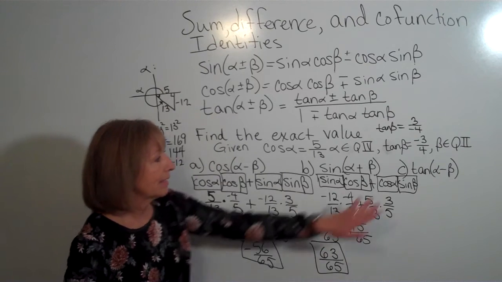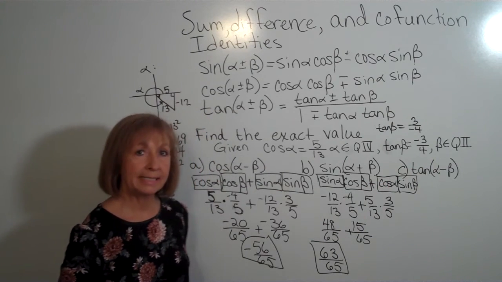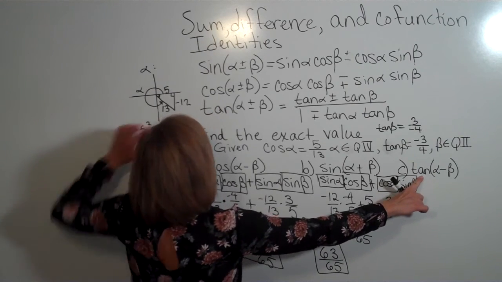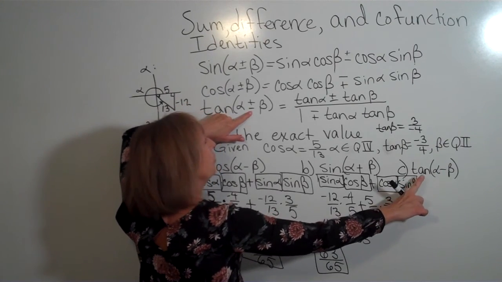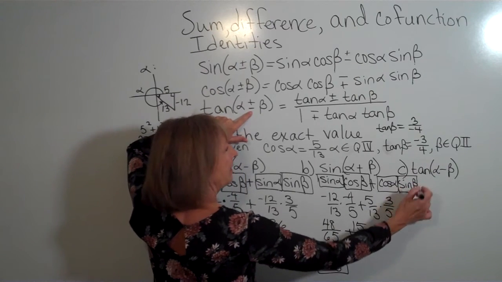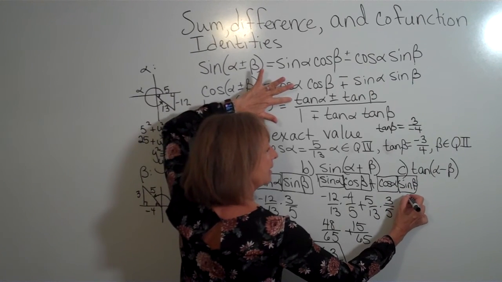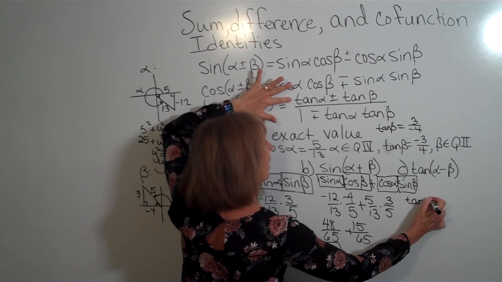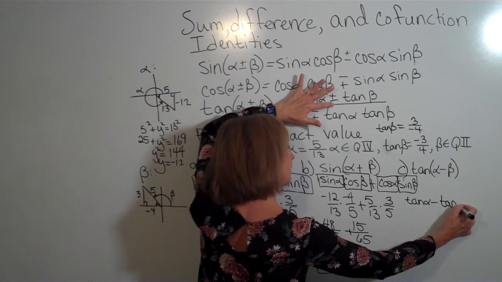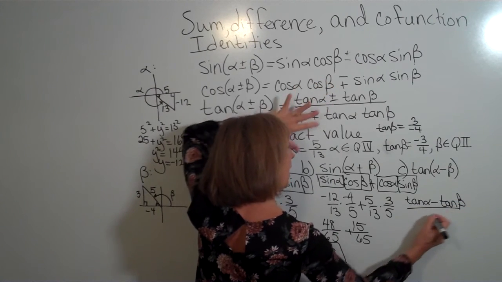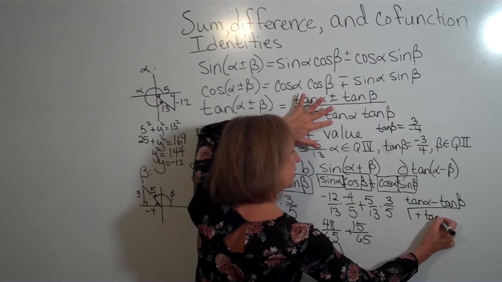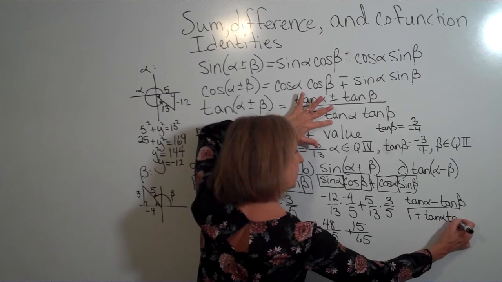Okay, next up, and the last one we have here is the tangent of alpha minus beta. So the tangent of the minus one, you're going to follow the bottom path. So the tangent of alpha minus beta is tangent alpha minus tangent beta divided by 1 plus tangent alpha times tangent beta.